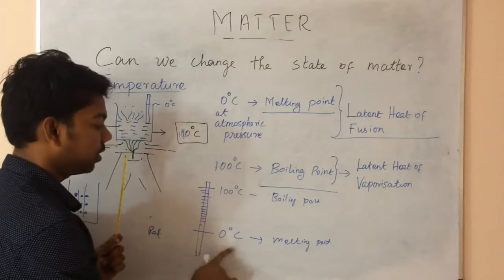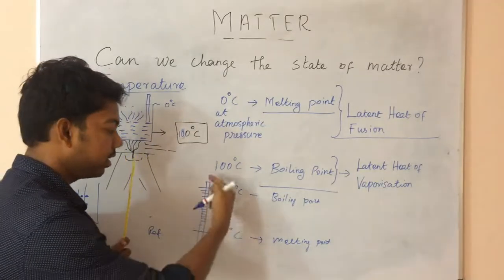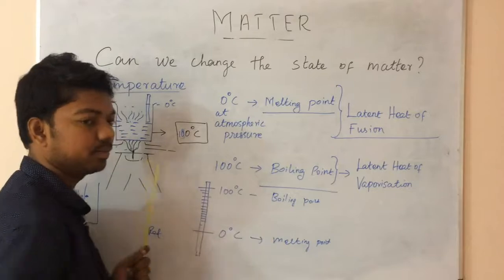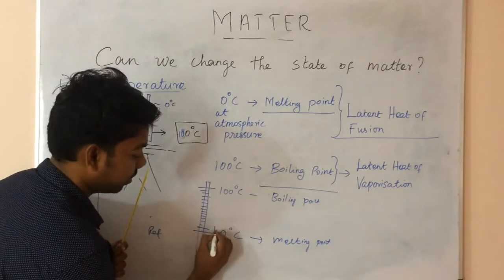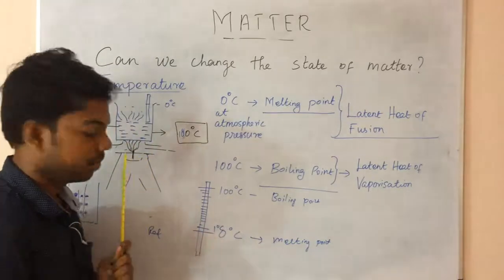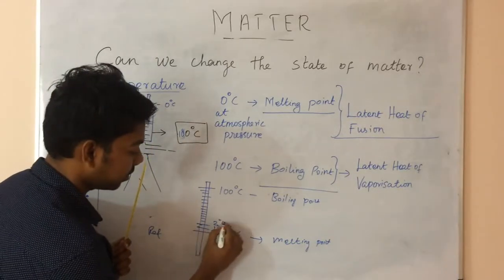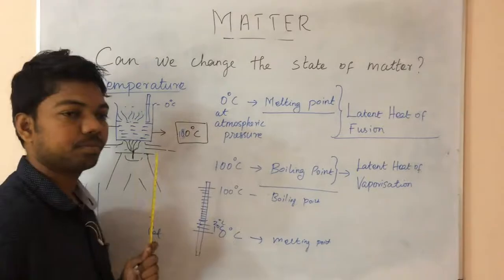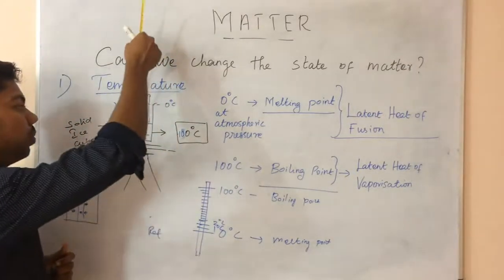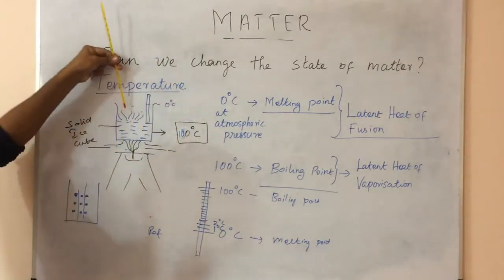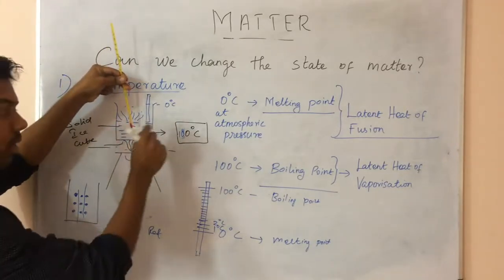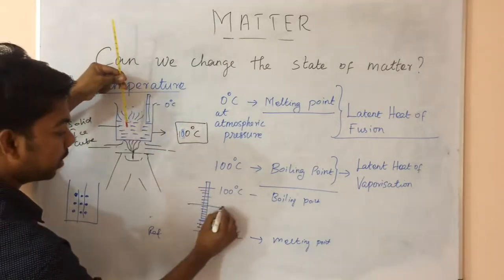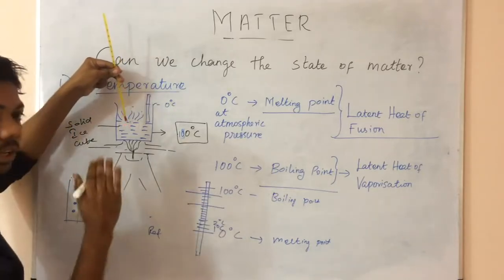Now I am going to divide this line into 100 points. From 0 degrees Celsius to 100 degrees Celsius, I have divided this range into 100. Each division gives a 1 degree Celsius rise, and the next is 2 degrees Celsius, 3 degrees Celsius, like that. If you keep the thermometer in the beaker, at a particular temperature it will show a level, maybe here or here, in the liquid state.